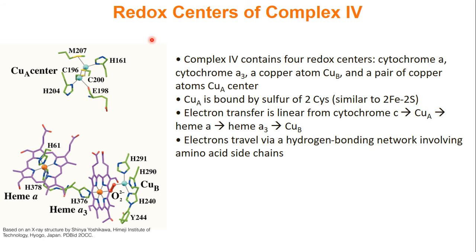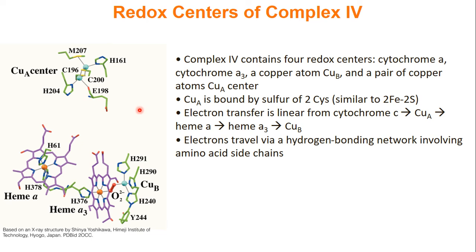We have cytochrome A, cytochrome A3, a copper atom which we call copper B, and a pair of copper atoms that we call copper A. So here's copper A, here's our different hemes, here's copper B. Copper A is bound by sulfur from cysteines. This is very similar to the iron-sulfur complexes we saw in our other complexes.